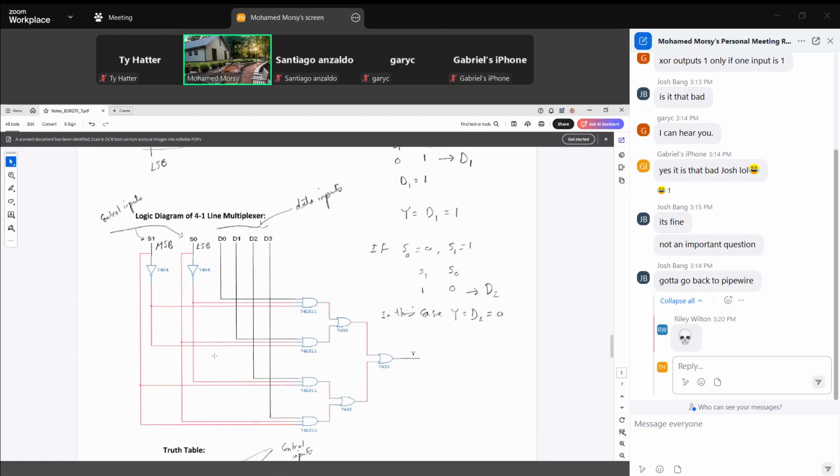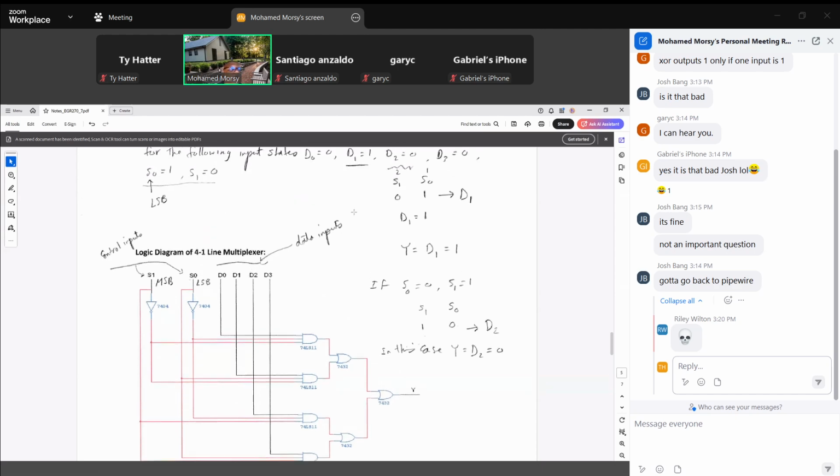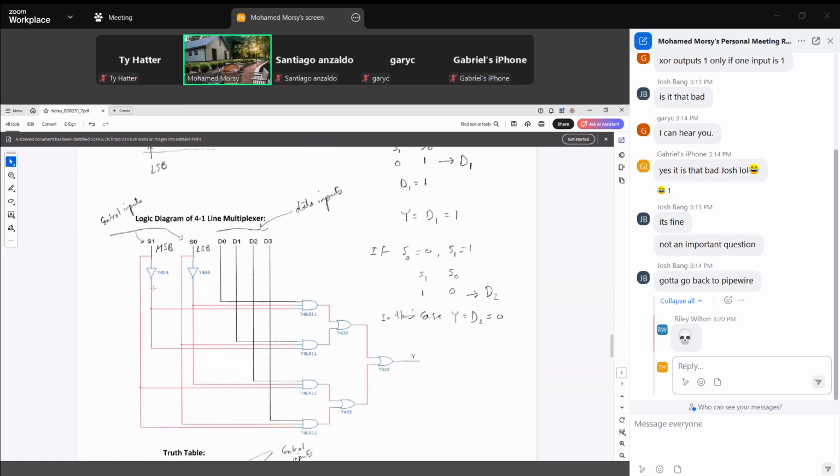Okay. And this one goes to this circuit, so we have one input here that is 1. And also, we have 0 here. S1 is 0, so inverted it becomes 1 here also.